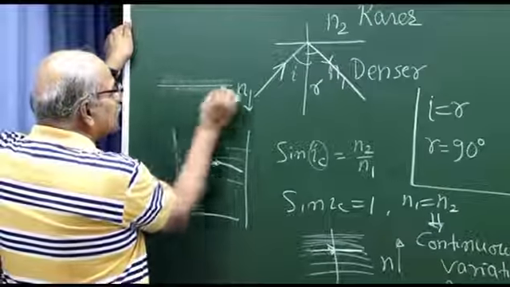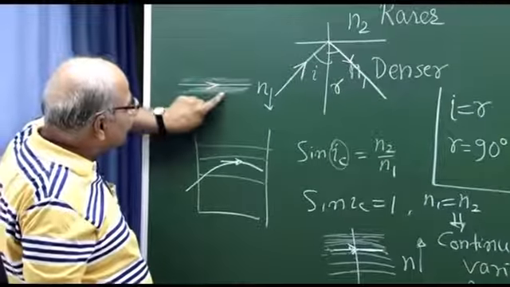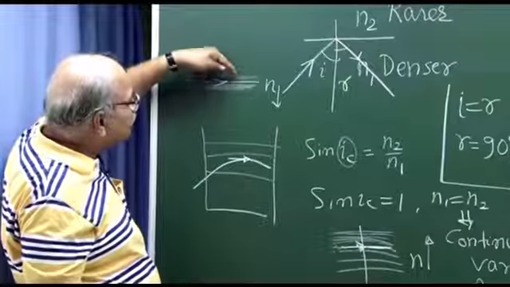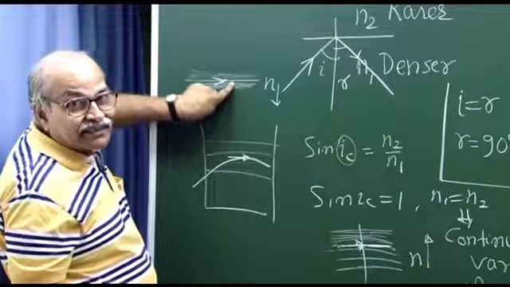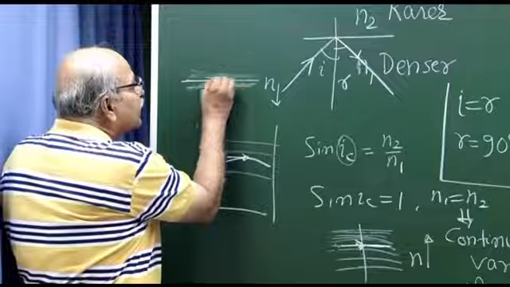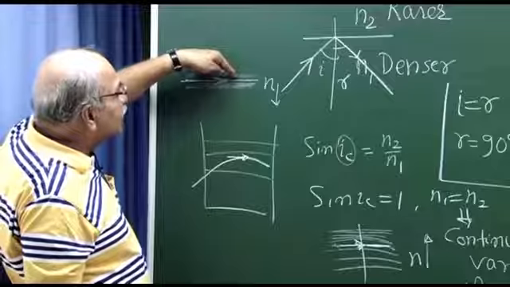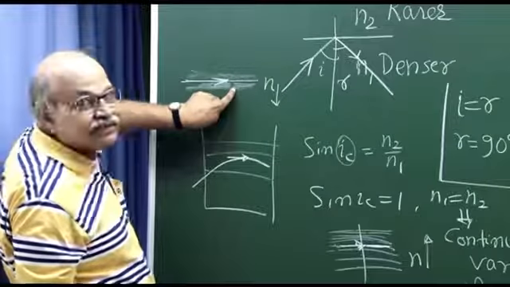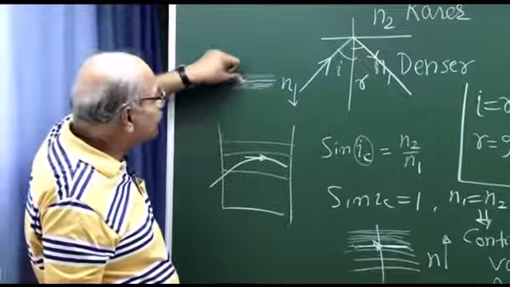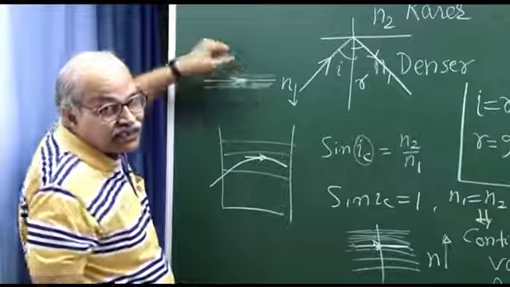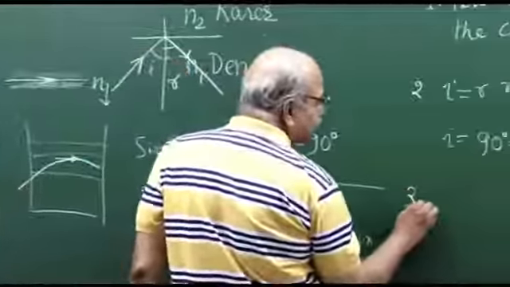Now if something is going this way, how do you say that it is falling from this side on this side and not from this side on this side? Symmetry. How can this ray be treated as falling from the denser side on the rarer side and not from the rarer side to the denser side? We can very well say that it's falling from this side to this side, in which case there cannot be any TIR. So that is another question I can raise.